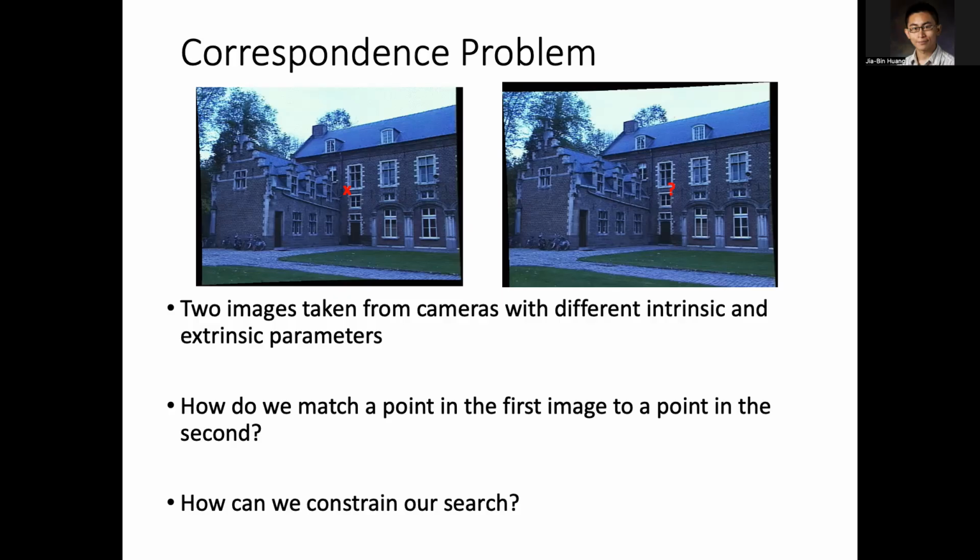But if I tell you that these two images are captured by two cameras of the same static object, say this is a building, then the key idea is, can we constrain our search? In template matching, I need to search in two dimensions. But because these are static objects, they don't move in 3D space.